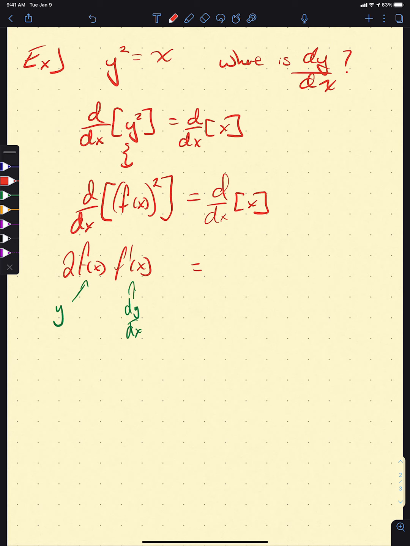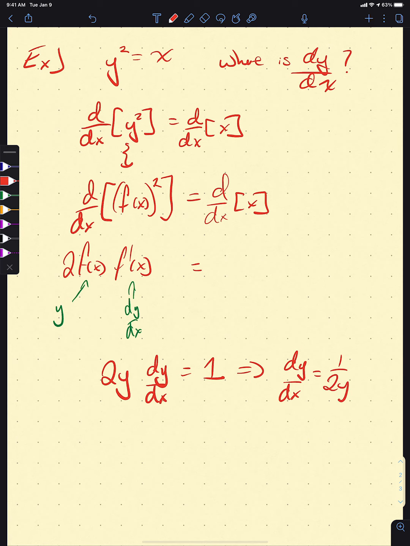So this tells us that 2y dy dx is d dx of x, which is 1, or dy dx is 1 over 2y. This is how you can do this.